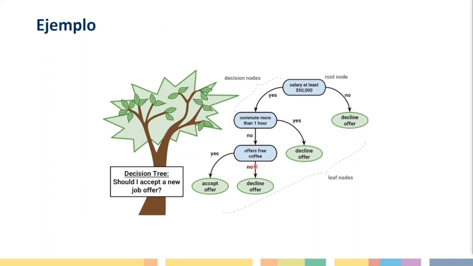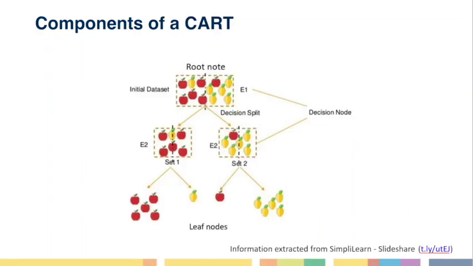This would be a characteristic with less importance, but for some people who are in love with coffee, it could be something that has a lot of weight in order to take a decision and accept a job or not. So this is how these trees can be interpreted for classification and regression.